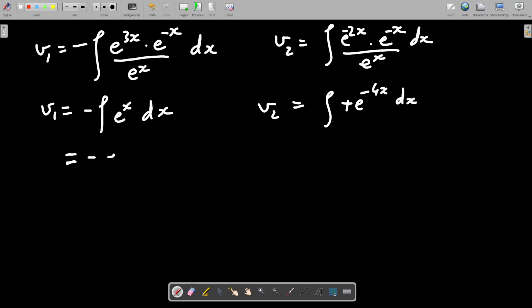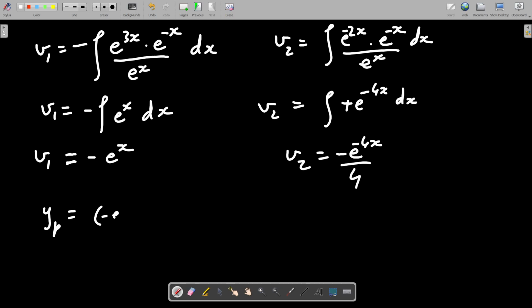Okay, so this integral will what? e raised to x only. This integral will become e raised to minus 4x by minus 4. Okay, so what is your yp? This will become minus e raised to x into e raised to 3x from this position, no?